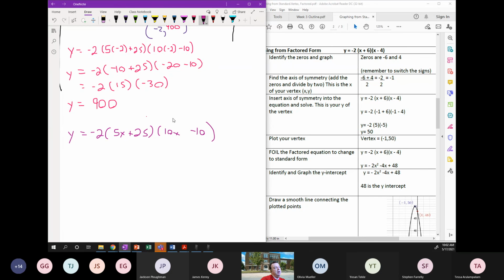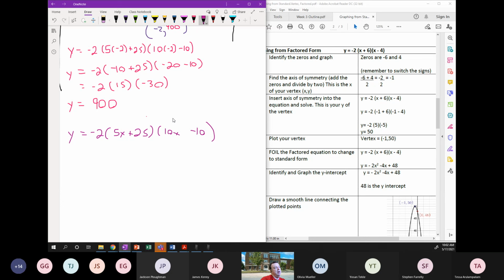Okay? It's not that bad. It just looks big. -2 hangs out. It's going to be 50x squared minus 50x plus 250x minus 250.